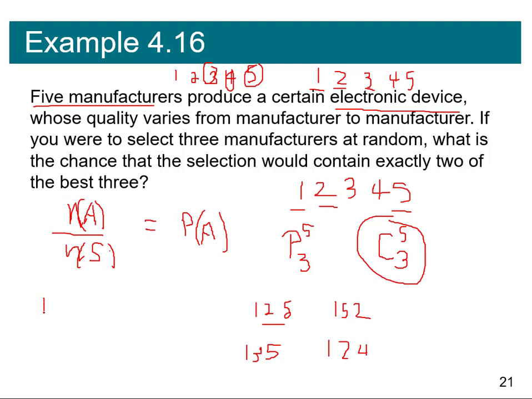I could do 1, 3, 5. I could do 1, 4, 5. These are all possibilities. When I choose from the 5, I choose 3. So this is the size of the sample space. So that's what this is. This is the bottom here, C(5,3). Okay, now we want to know how big is A.